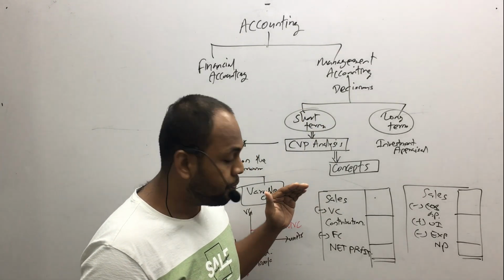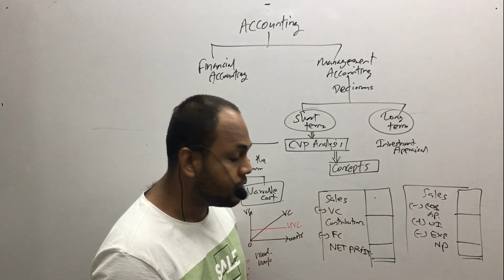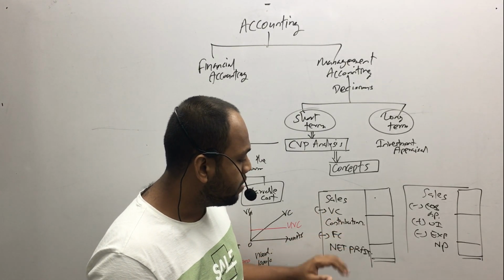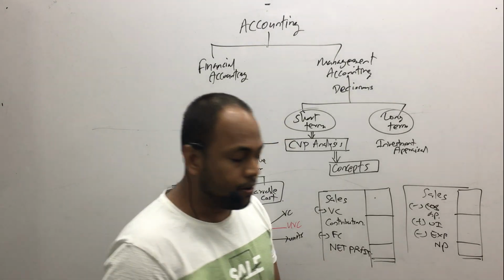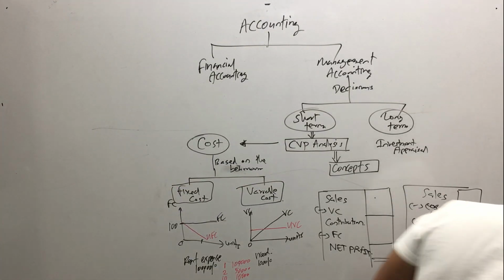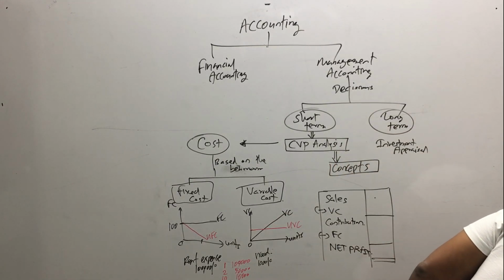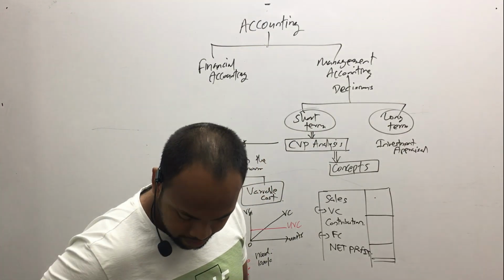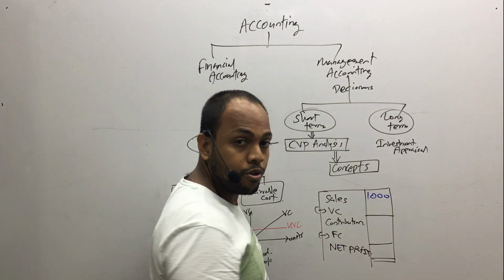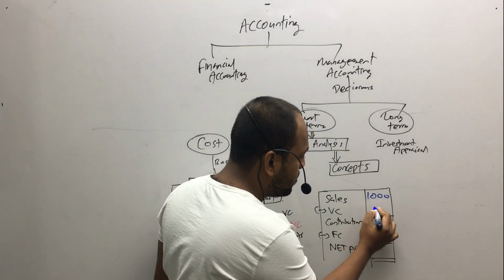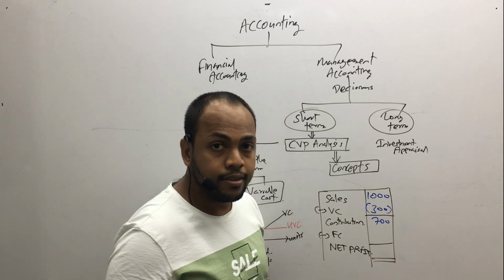Sales minus variable cost is contribution. From the contribution, if you deduct the fixed cost, we get the net profit. For example, assume that sales is 1000, variable cost is 300, your contribution is 700.